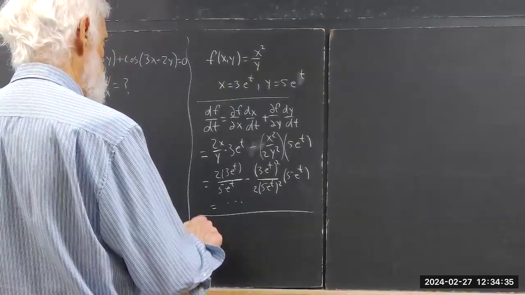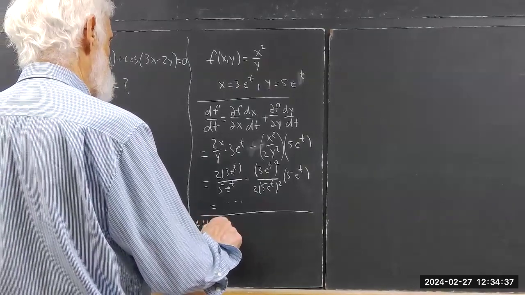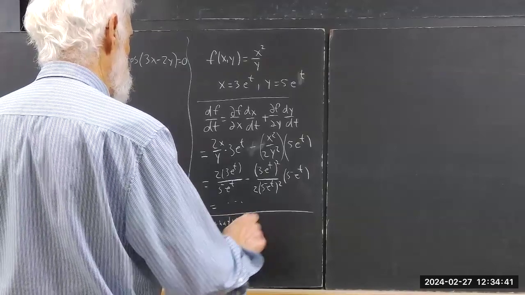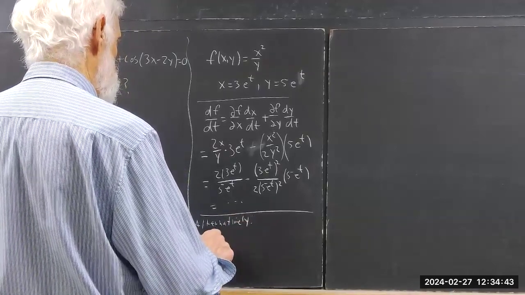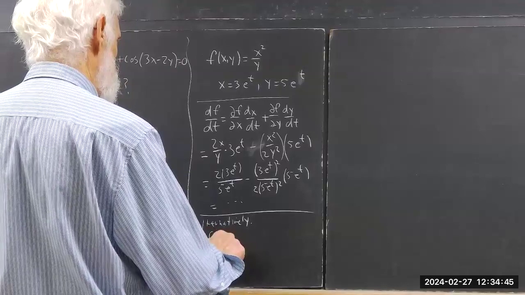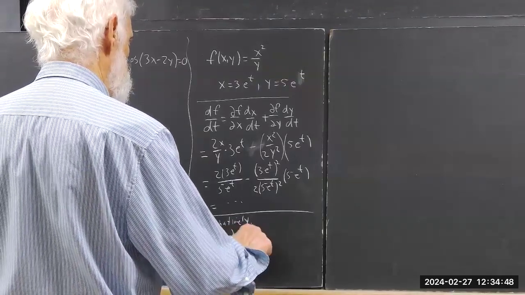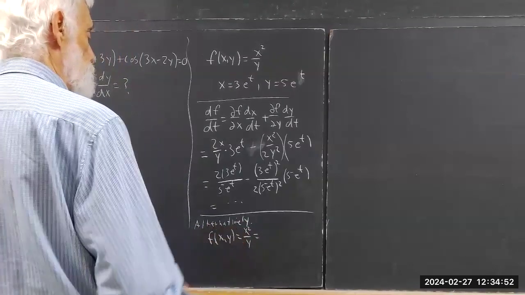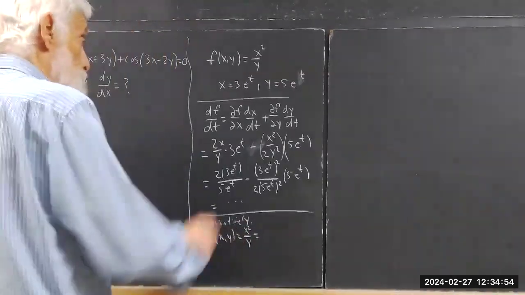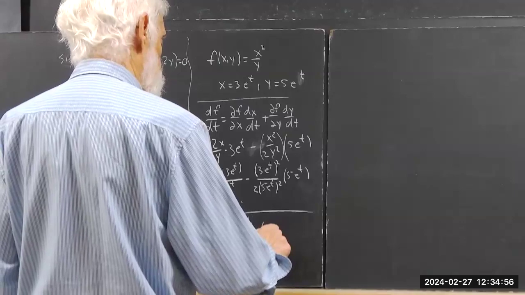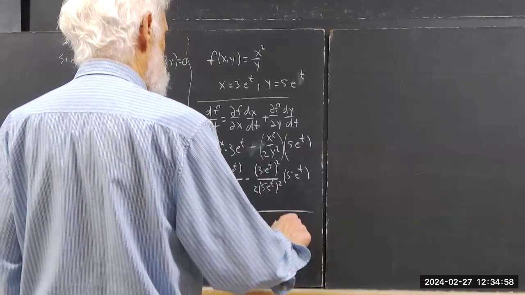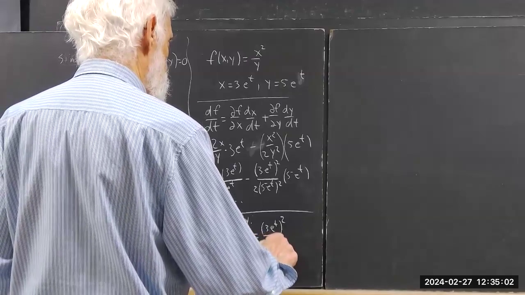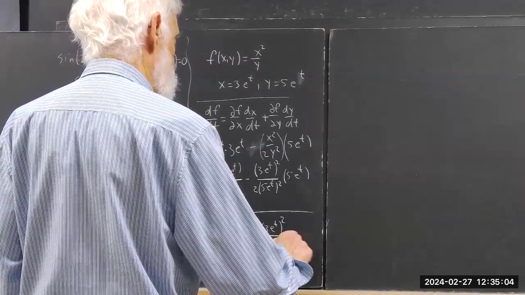Alternatively, f of x y is x squared over y. Well, x is 3 e to the t, so that's 3 e to the t squared over y, which is 5 e to the t.